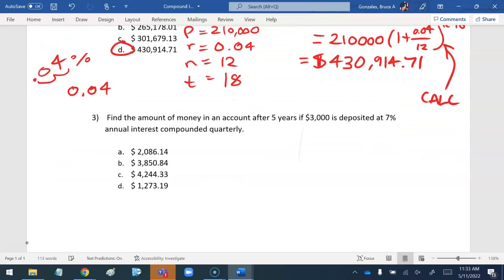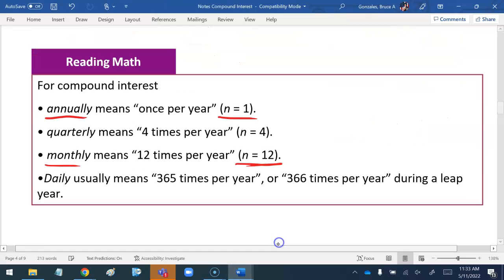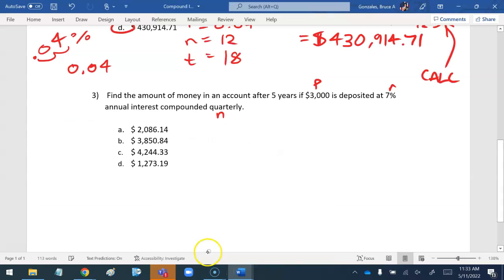Last one, A equals P, 1 plus R over N to the power of NT, right? If you read it, the amount of money we have is 3,000. The rate is 7. Quarterly N equals 4, so N is 4. And then the T amount of time is 5 years.